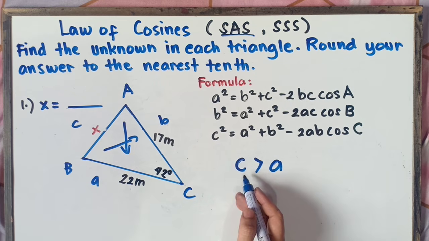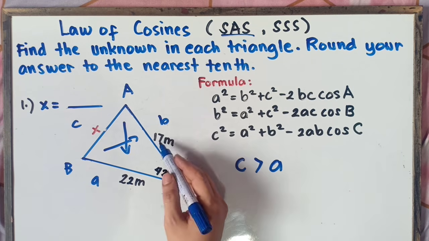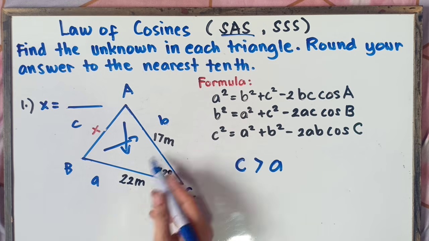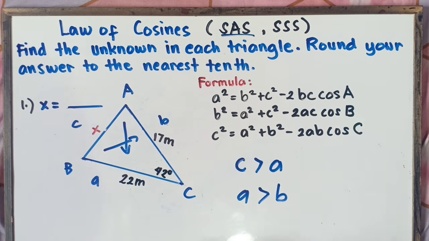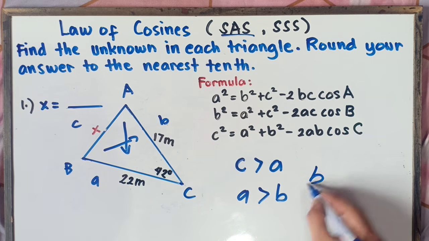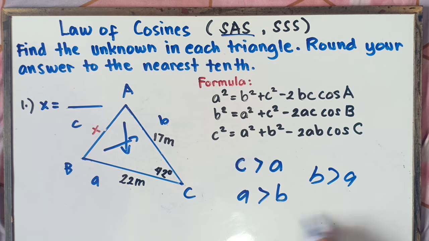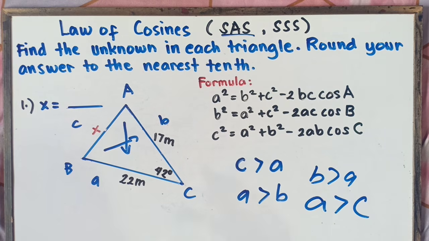Should C always be greater than A, or B greater than A? Because in our example, A is 22 and B is 17, so A is greater than B. Is it okay that B is greater than A, or that A is greater than C? Is it necessary that C should be greater than A?